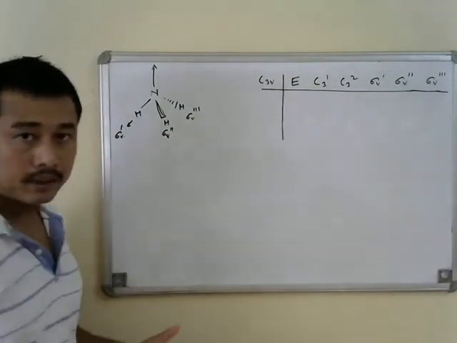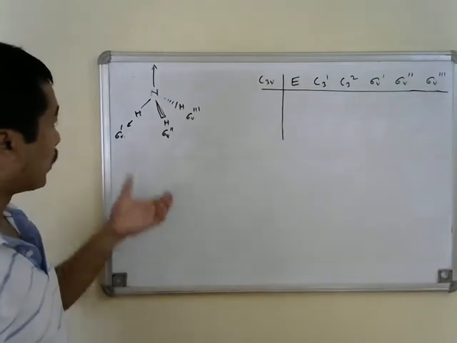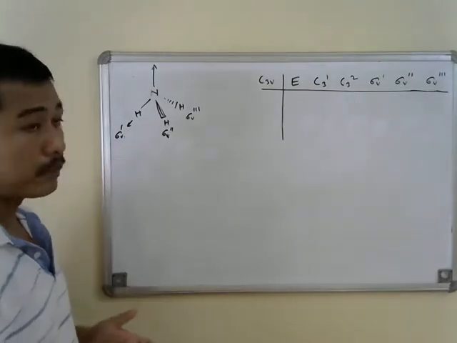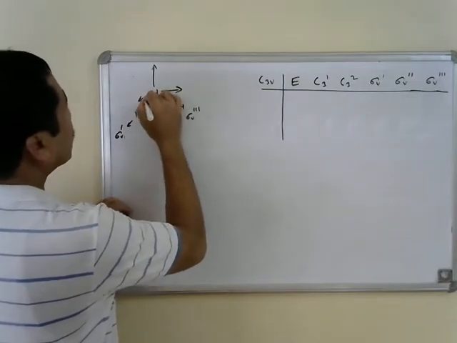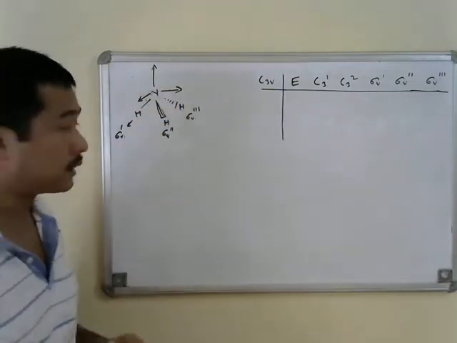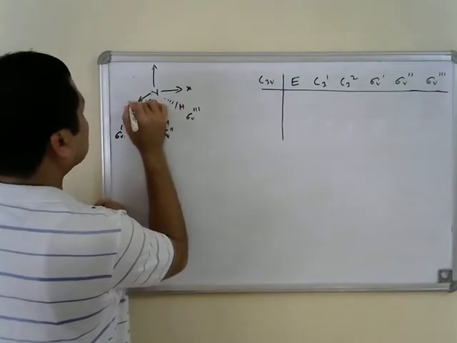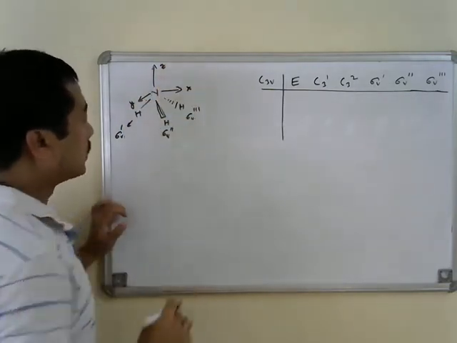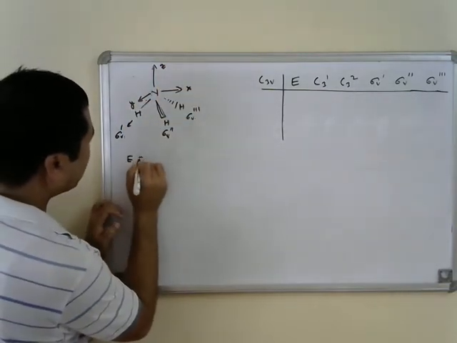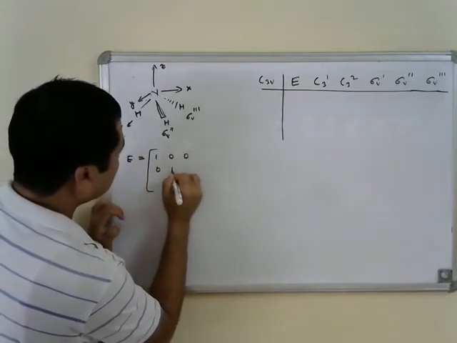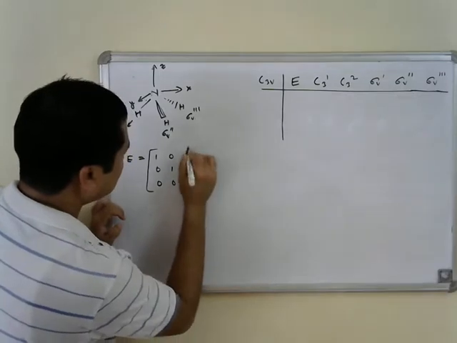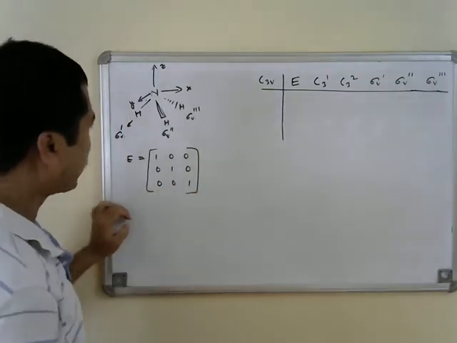So let's write the matrix representation for the different symmetry operations in the C3v point group by considering the three-dimensional Cartesian coordinates on the central atom, that is the nitrogen atom, as the basis. Let's assume this to be x, this to be y, and this to be z. Then the matrix representation for the identity operation is going to be the three-dimensional unit matrix.